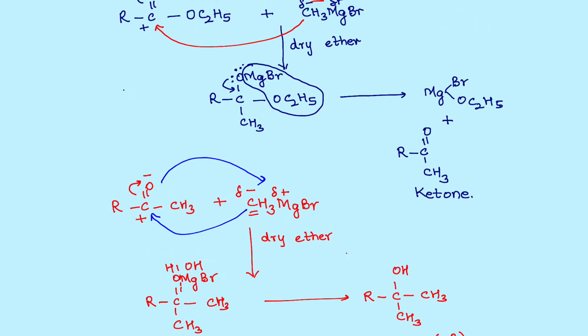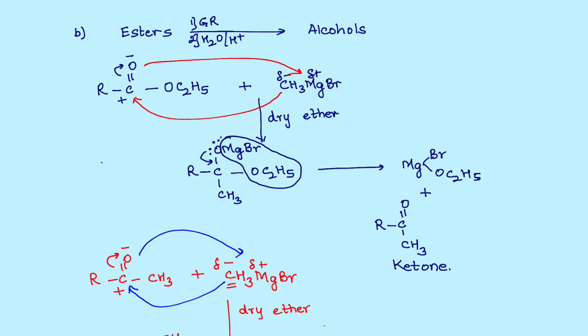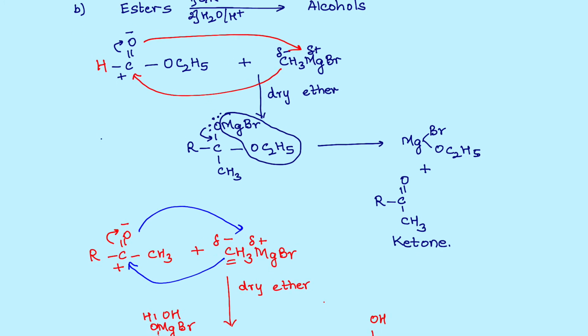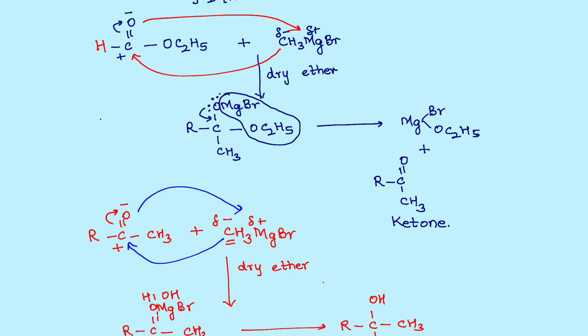Now, supposing I started with a hydrogen over here instead of an alkyl group. Okay, so there was a hydrogen. So what will be the product? The first step. Now, by the same mechanism, write the reaction yourself.